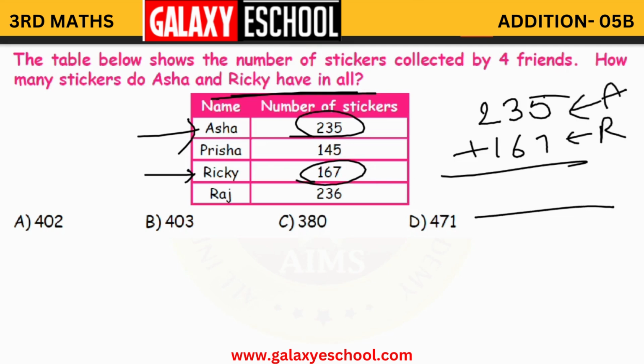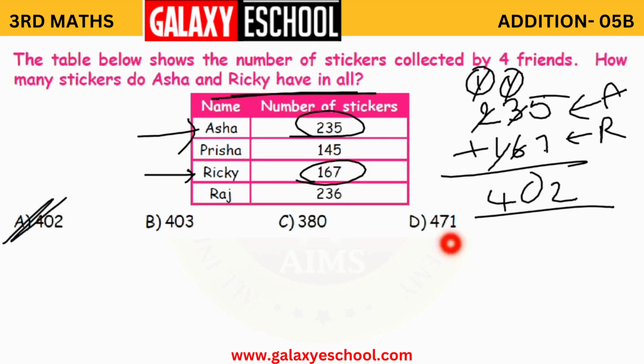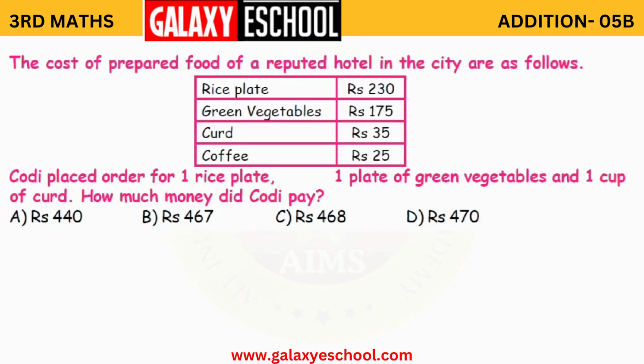Now when we add these two, 5 plus 7 becomes 12. 1 plus 3 is 4, 4 plus 6 is 10, 1 plus 2 is 3, 3 plus 1 is 4. So what is the correct answer children? Option A, 402. Asha and Ricky have 402 stickers with them. Clear students? Yes, it was a question of simple addition.